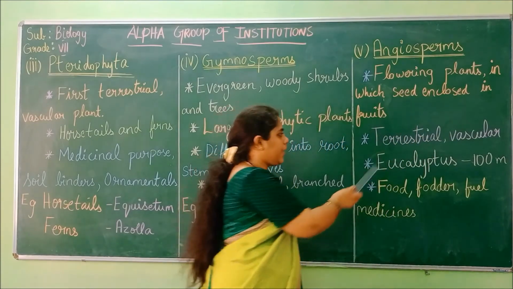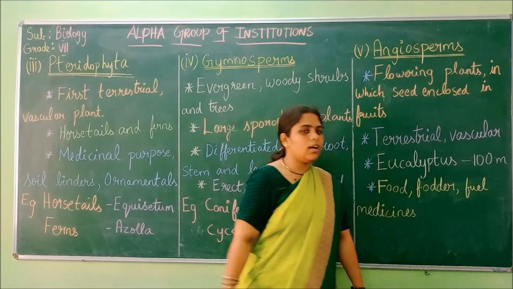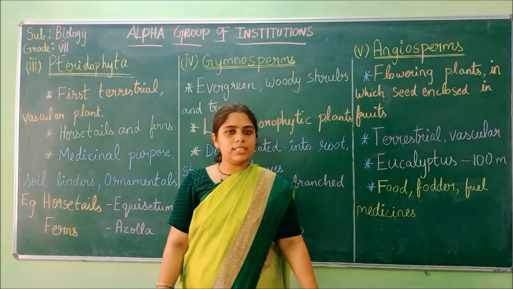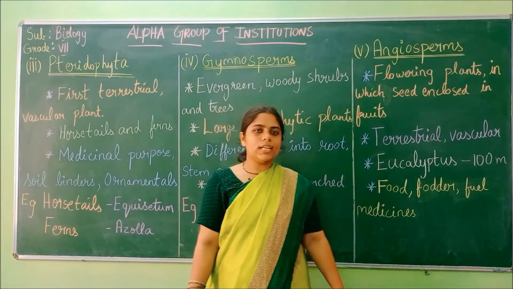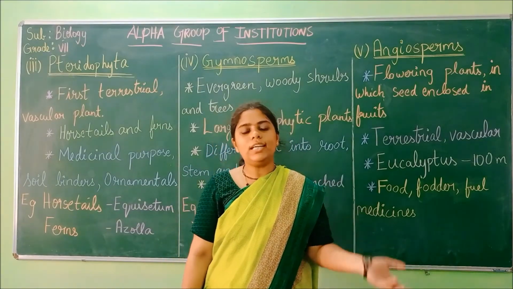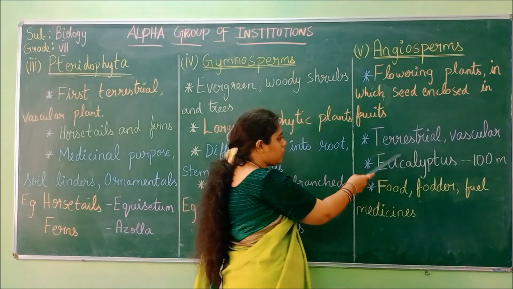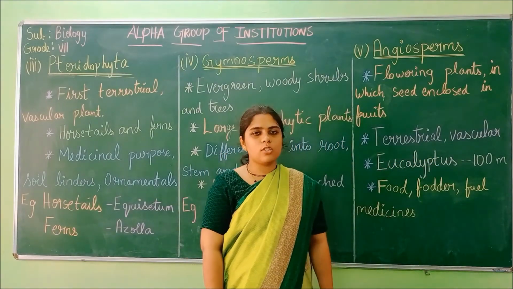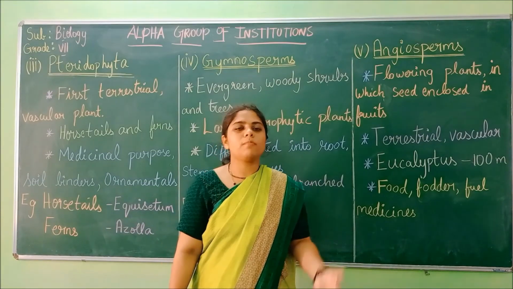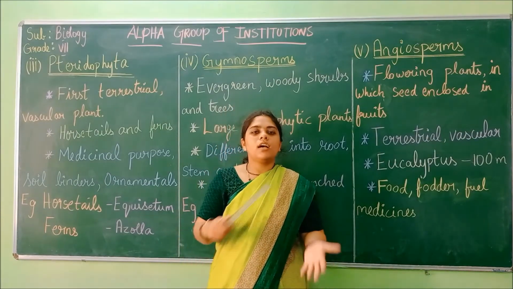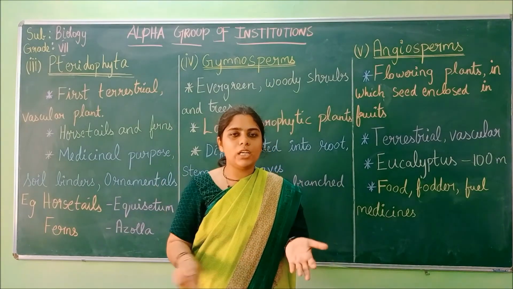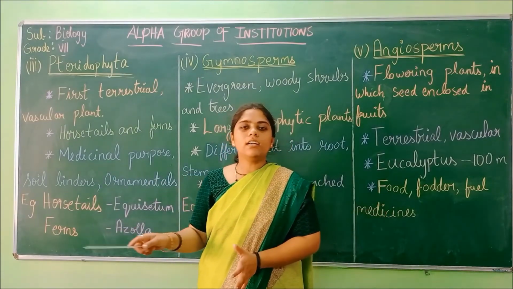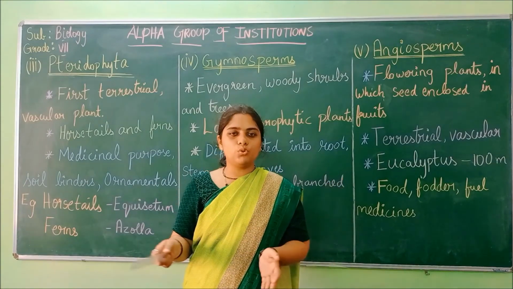Next is terrestrial and vascular. Terrestrial means they live only on land; they grow only on the land surface. Vascular means the presence of xylem and phloem inside, the anatomy of the plant. Xylem carries water, and phloem carries food materials, that is, the nutrients.